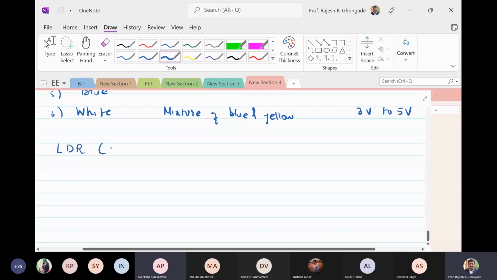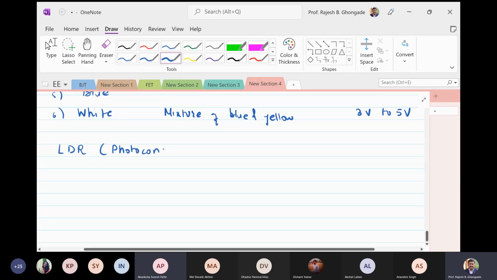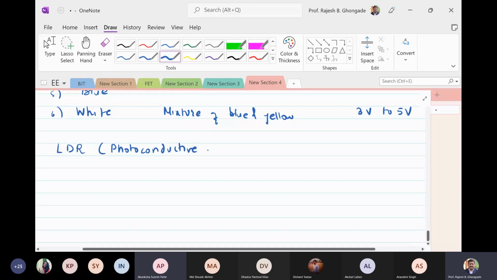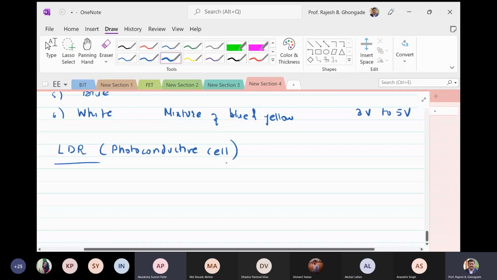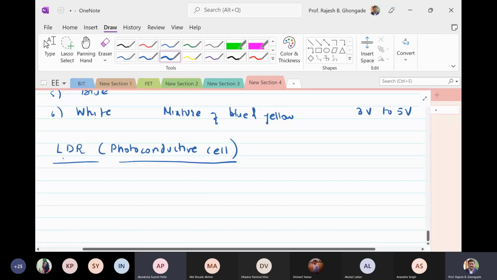It is also called a photoconductive cell, but most popularly it is called a light dependent resistance. What is the mechanism?